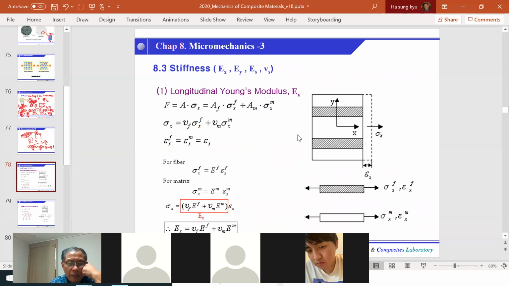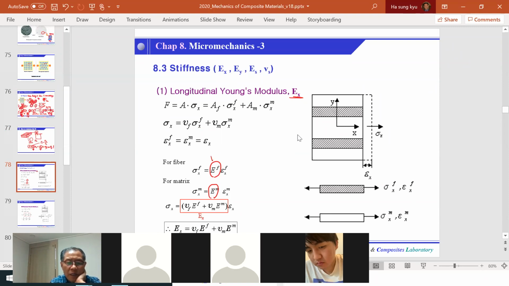Now here is the longitudinal Young's modulus of the ply. How do we calculate it? Again, the given material properties will be the fiber stiffness and resin stiffness, which are given either from a manufacturer of the fiber or resin, or we can measure them separately ourselves.